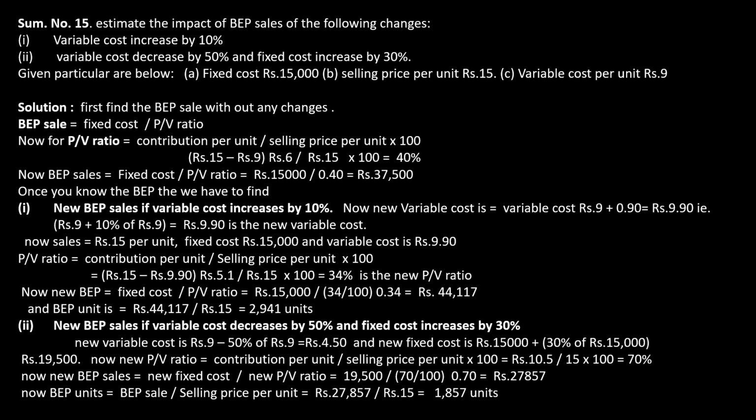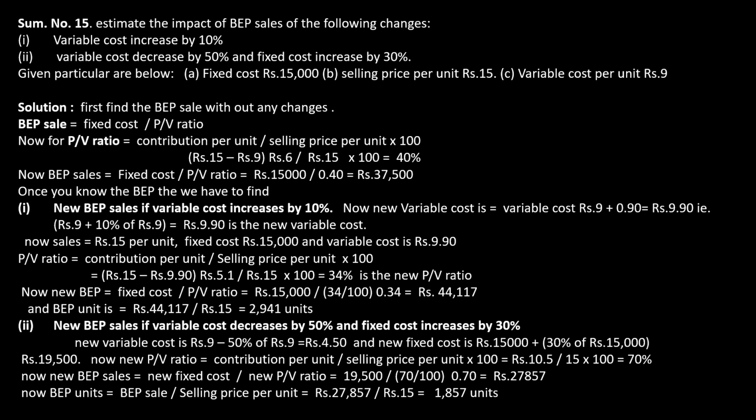Sum number 15. Estimate the impact on BEP sales of the following changes. First, when the variable cost increases by 10%, when my variable cost decreases by 50%, and fixed cost increases by 30%.